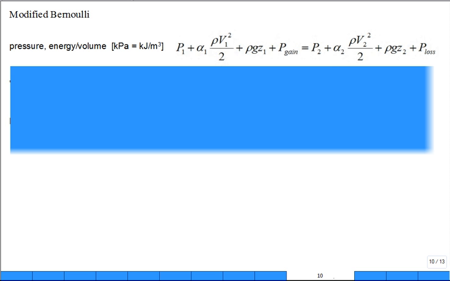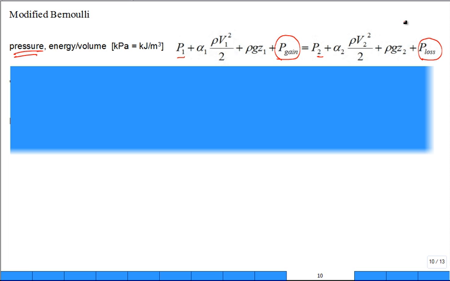So what did they do? First, get the pressure equation down before you go looking at too many equations. Between 1 and 2, they have something that has a pressure gain. What would that be? A pump. They could also have some loss. You could account for some frictional losses. Instead of putting both on one side with a negative in front of it, they put them on opposite sides with positives in front of them.